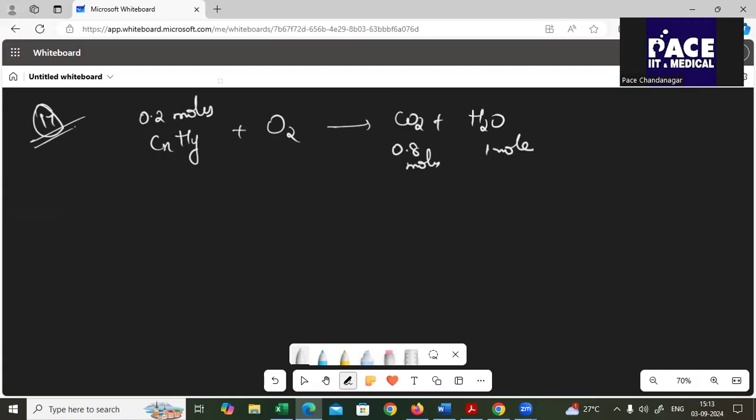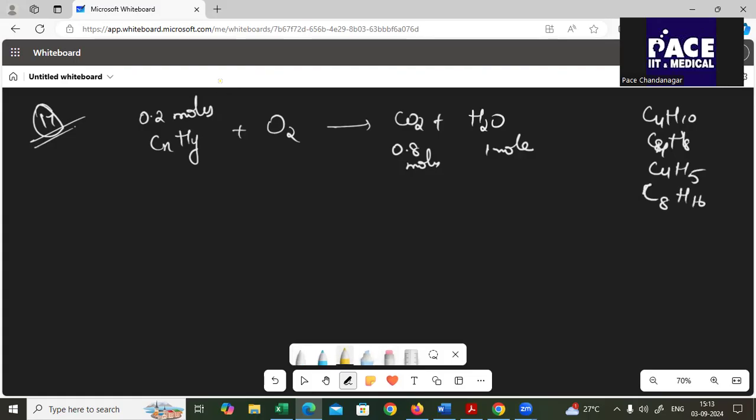Now, hence the hydrocarbon is, you're given options here: C4H10, then C4H8, then C4H5, then C8H16. So let us first balance this also.